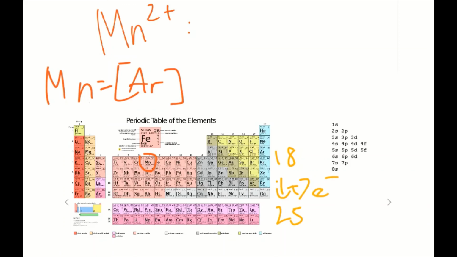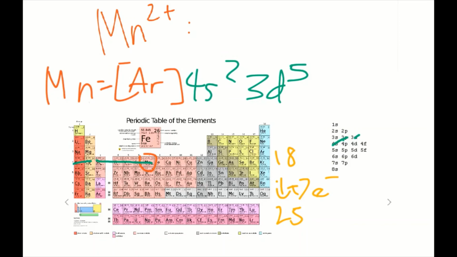So how do you do that? Well, we have to go down the list. Argon is in the 3p area, so let's start at 3p. The next stage is going to be 4s, so 4s2, and then I'll go to 3d, so it looks like 3d5. So this is the electron configuration for manganese. It's also the ground state configuration for manganese.